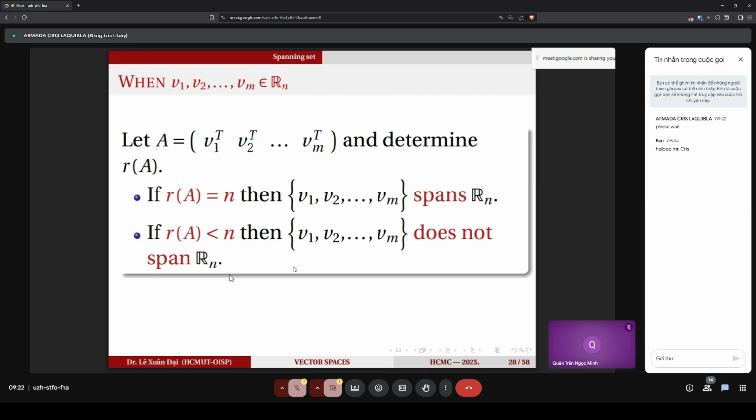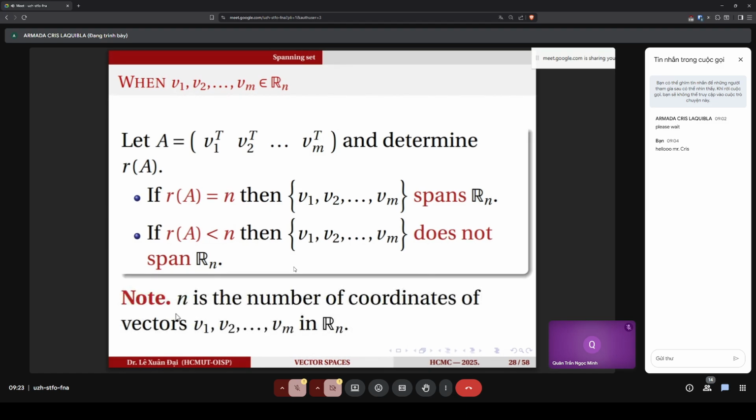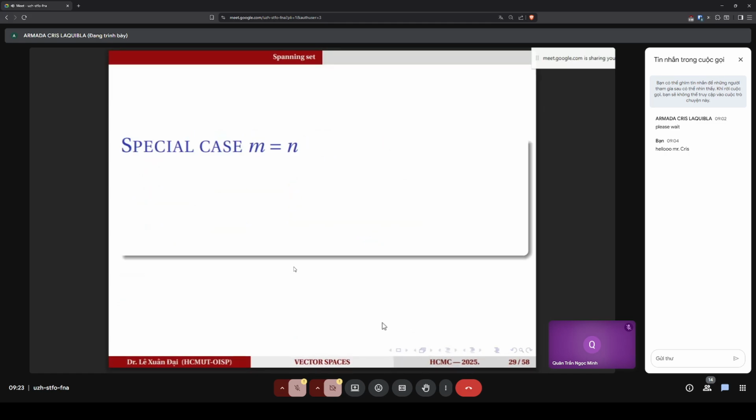It's equal to 2 and not 3 there, therefore it will not span your Rn. And we have this note: n is the number of coordinates of your vectors from v1 to vm in Rn. Okay? It should be the number of coordinates of the vectors.